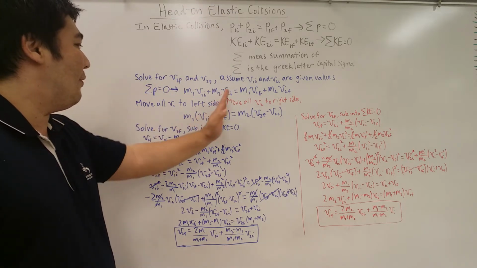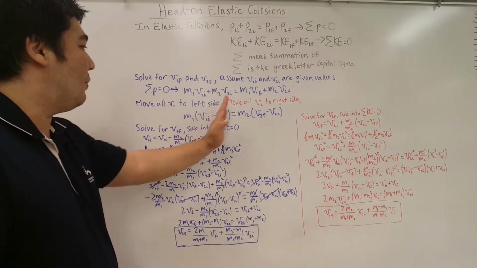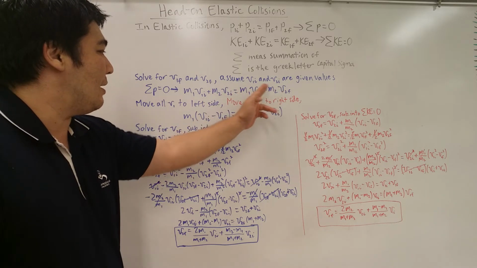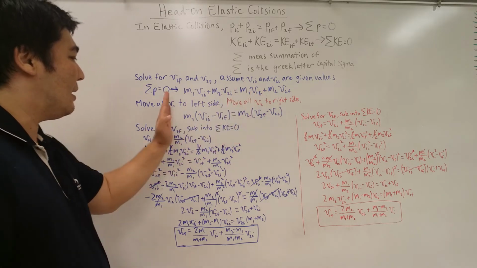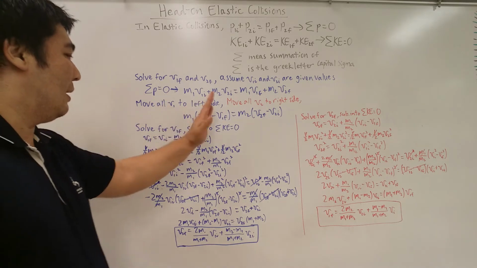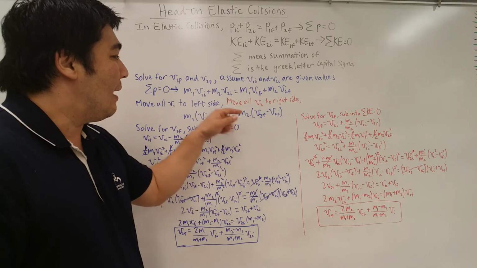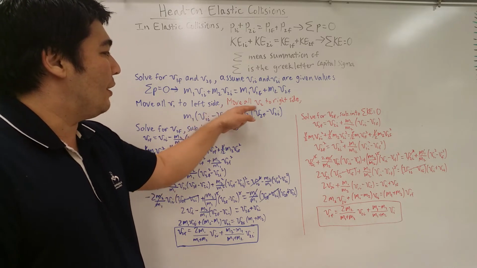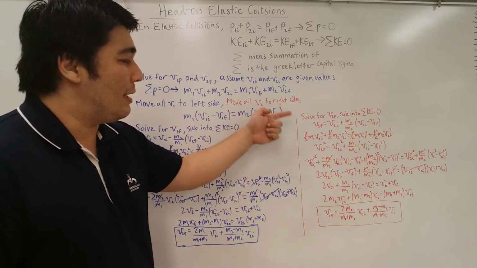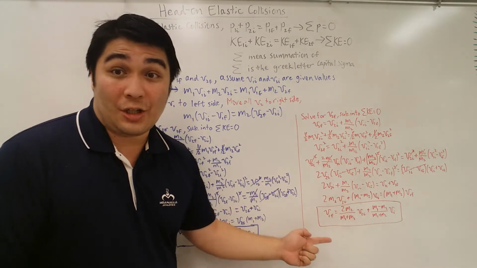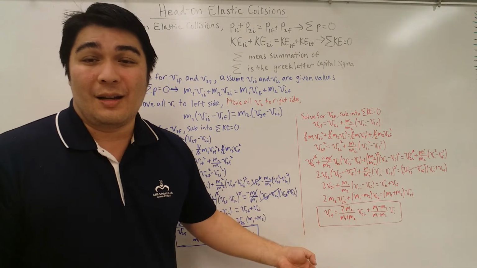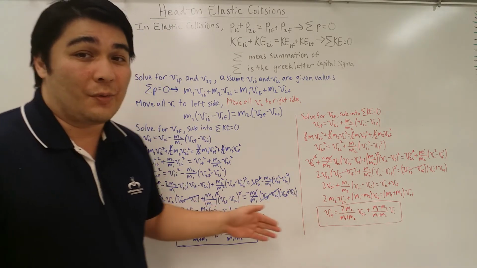So I'm going to move all the V1s that I see on this side of the equation to this side of the equation, to the left side, which means naturally I'm going to move all the V2s to the right side. I wrote that in red so that you can see where my transition comes in when I solve for the second of the two variables that I'm solving for.